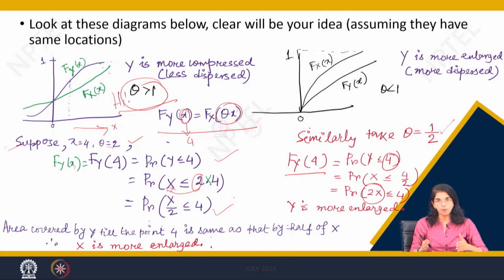Once you fix 4, then the probability taken by Y till the point 4 is the same as the probability taken by twice X till that point 4. That means X has to go larger to that point as Y already reached. So Y is more enlarged. So this is the concept of compressed distribution and enlarged distribution, and on this basis your scale parameter has to be checked, has to be tested.